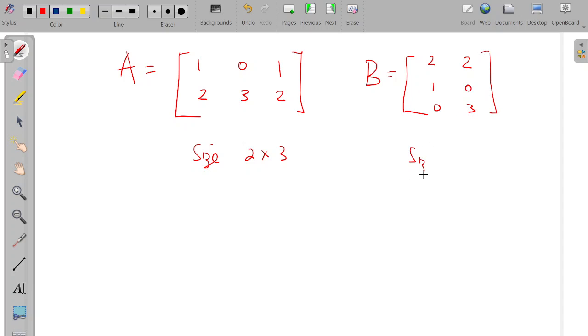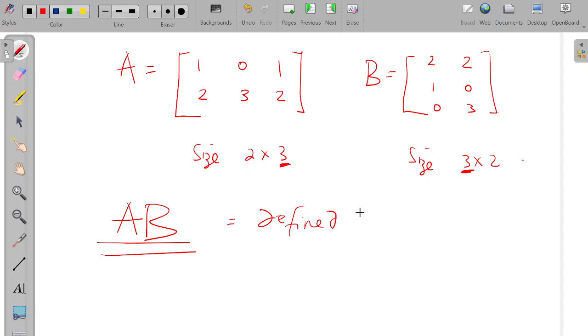The size of B is 3 by 2. If I now want to do the multiplication of them, 2 by 3, 3 by 2, is the multiplication defined or not? Let's check. The number of columns of A is the same number as the rows of B. So this operation is defined, so we can find the operation. If they are not the same, then the operation is undefined.